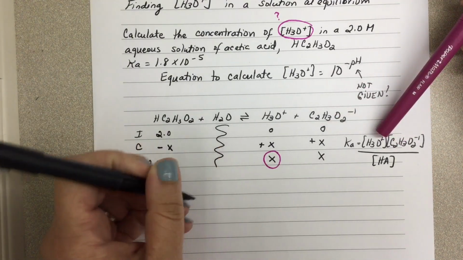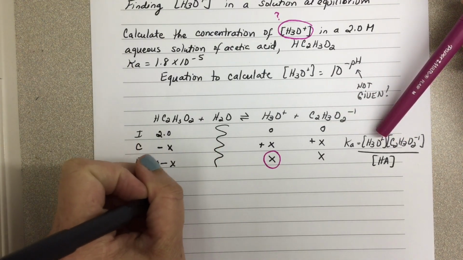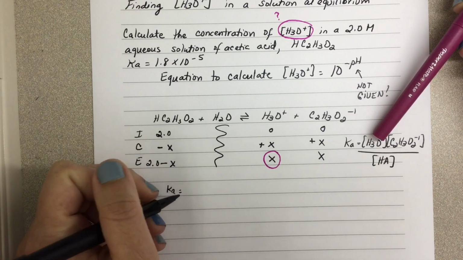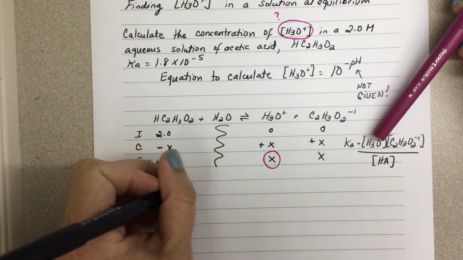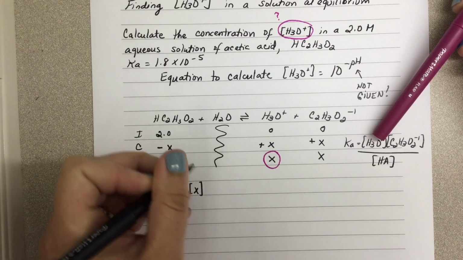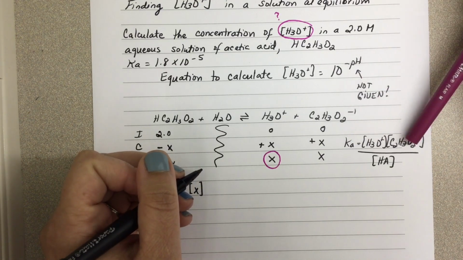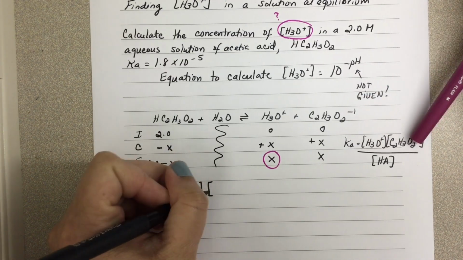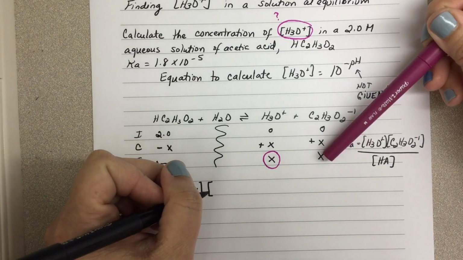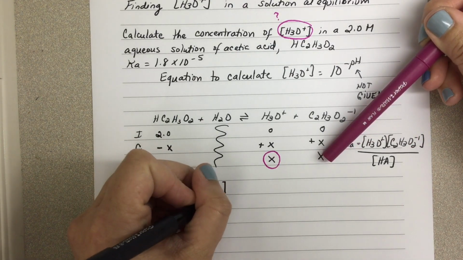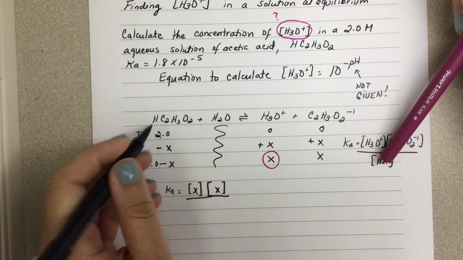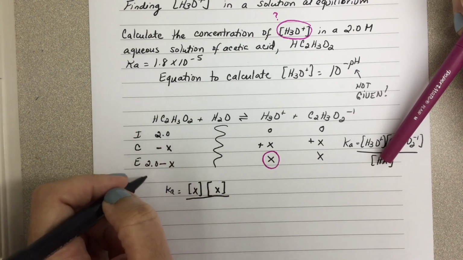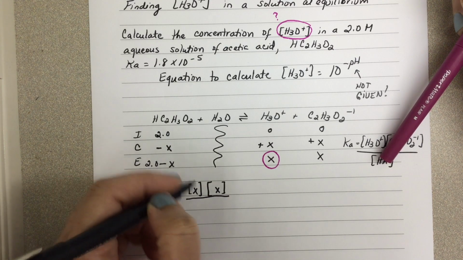So we can plug in: Ka equals H3O plus, and H3O plus at equilibrium is X. Your acetate ion concentration at equilibrium is X. The concentration of HA, your acetic acid, at equilibrium is 2.0 minus X.